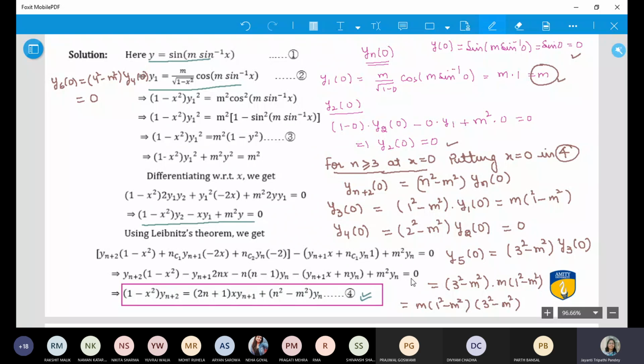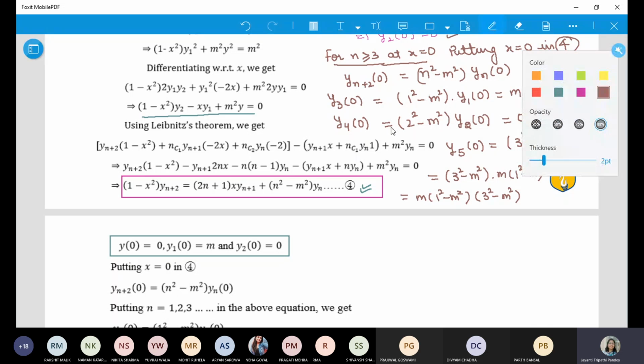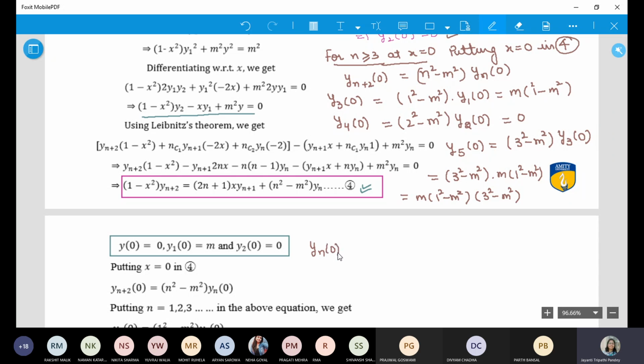Now if you observe it, I'm writing the final answer and I want you to see if you are able to correlate or not. yn0 is m into 1 square minus m square, 3 square minus m square, up to n minus 2 square minus m square when n is odd, and this is 0 when n is even.